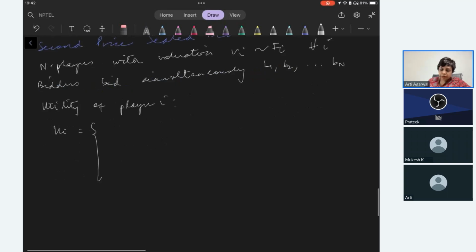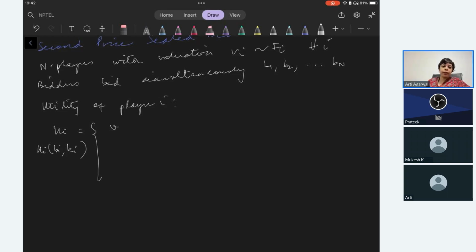I'm writing this in terms of i and j to capture the more general scenario, but you can also write it as ui(bi, b-i), or you can write this as u(b). This is also a correct mathematical expression.